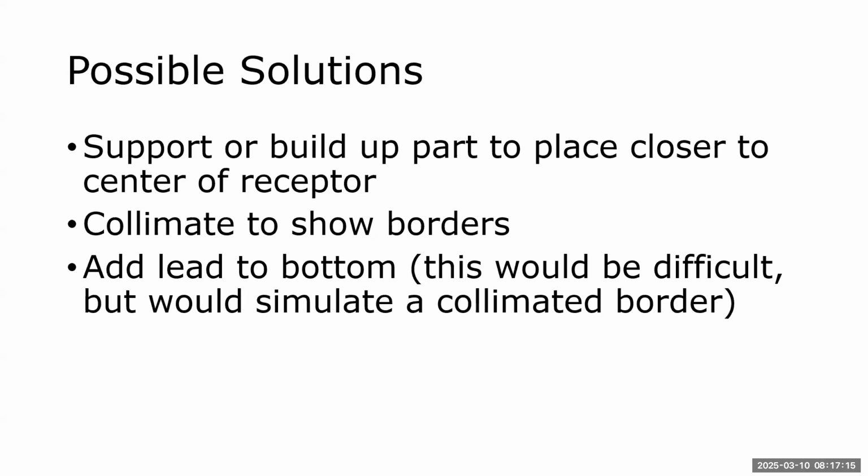This add lead to the bottom thing, can you imagine trying to add some lead to the bottom on a trauma hip, as hard as those are already? There's no way. We don't have this issue with DR like we did with CR. With DR, you're not going to notice this particular problem. This is only with CR.